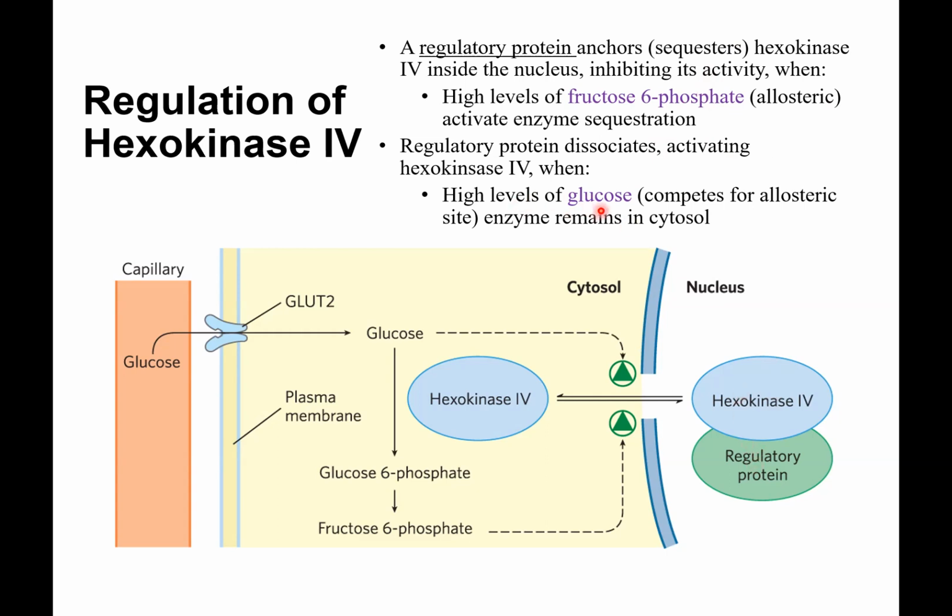But when there's a lot of glucose bound, outcompeting any fructose 6-phosphate for the allosteric site, the regulatory protein dissociates, and we have hexokinase 4 free to pursue its activity. Okay, so that's a little different, but we're not really talking about reciprocal regulation, right? Which is what I sort of kicked this whole show off with. So now we're going to talk about that.